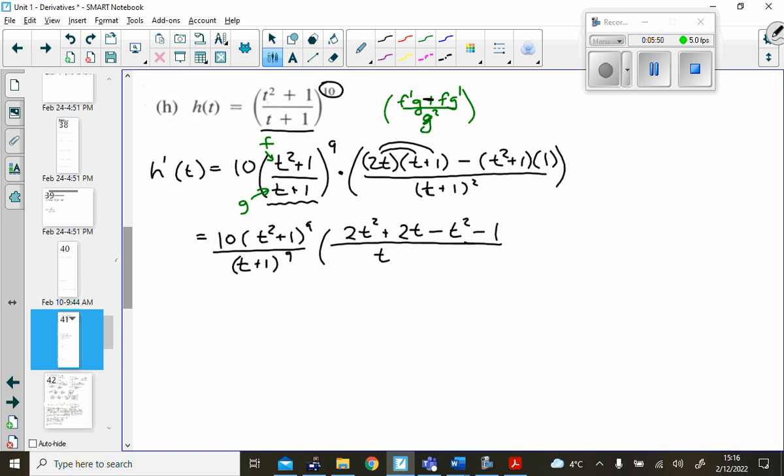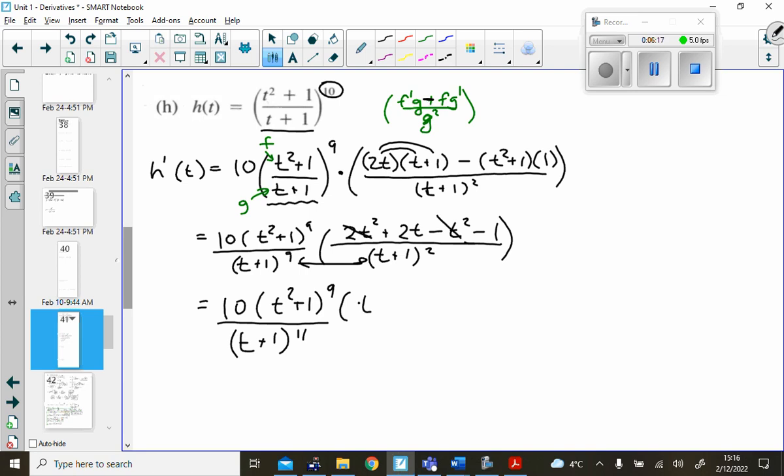And in the bottom, t plus 1 squared. I will put those two together, like I did last time. 10 times t squared plus 1 to the 9th on top. t plus 1 to the 11th on the bottom. 2t squared, subtract 1t squared is 1t squared, and 2t and minus 1.